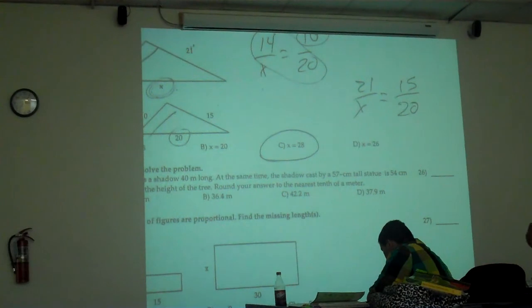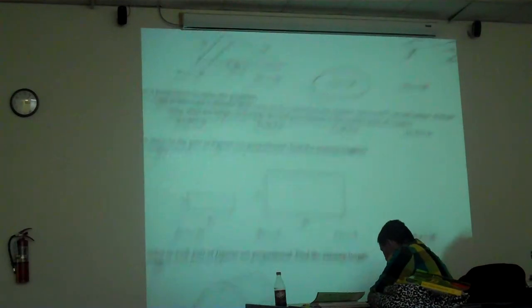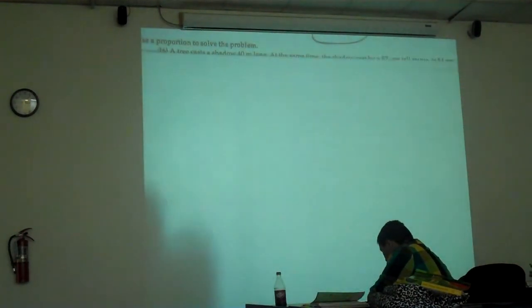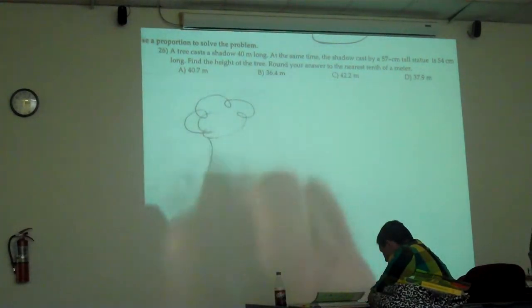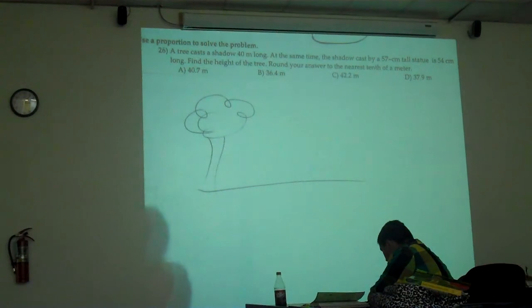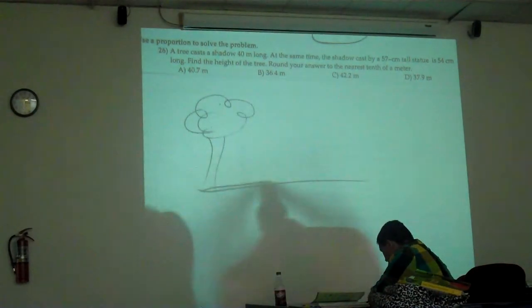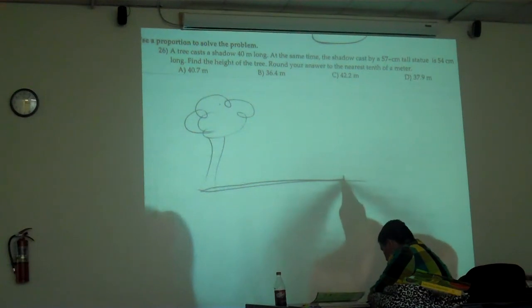Okay, I'm going to get another paper to do the next one because I don't have much room to work. I want to draw a picture. A tree casts a shadow 40 meters long. So I'm an artist, so I'm going to show you my artwork. This tree is casting a shadow. The shadow goes to here.